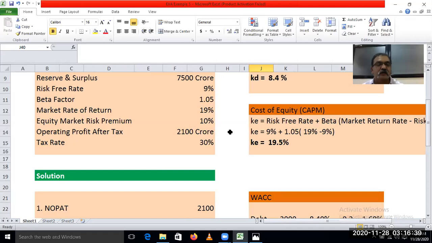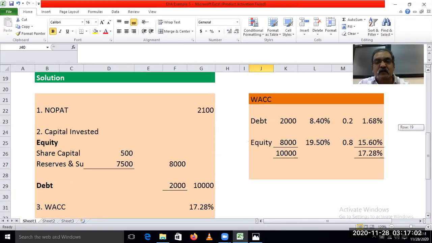If dividend per share and market price are given, we select the dividend approach, D upon P. If earning per share is given, then earning per share divided by market price. If growth rate is given, then D1 upon P0 plus g. And when risk-free rate, market return and beta factor are given, we use the CAPM approach.